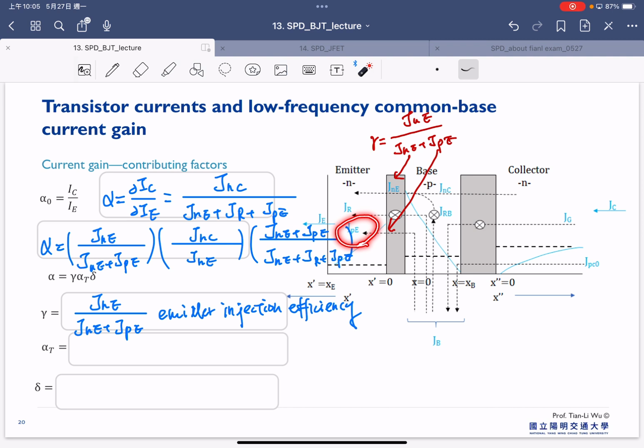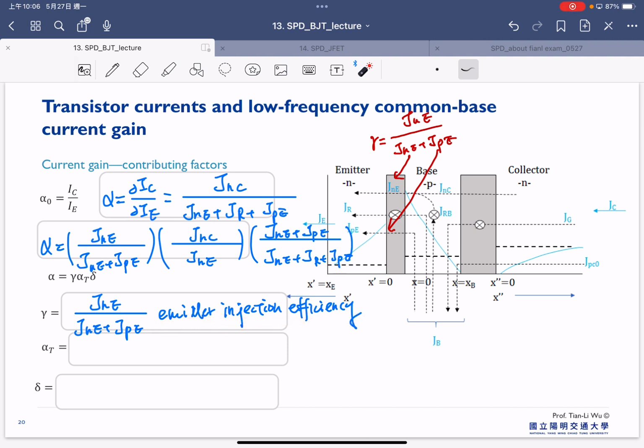That's why we call this the emitter injection efficiency, because once you want the forward active mode, you have a certain electron flow into the base, and that's the JNE. We want to understand what would be the percentage of the JNE over all of the emitter current. So that's why we call this the emitter injection efficiency here.